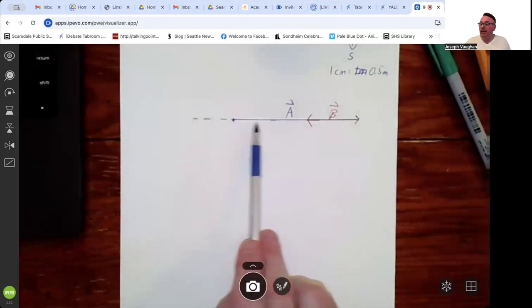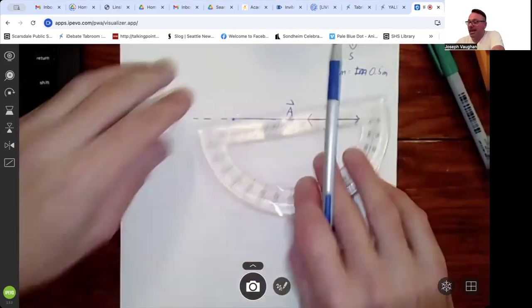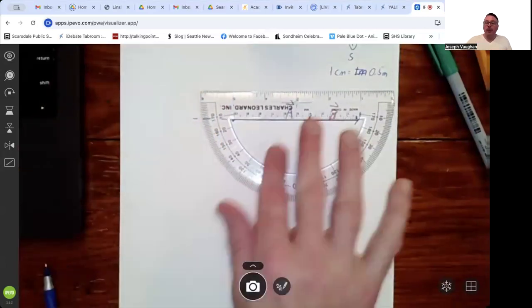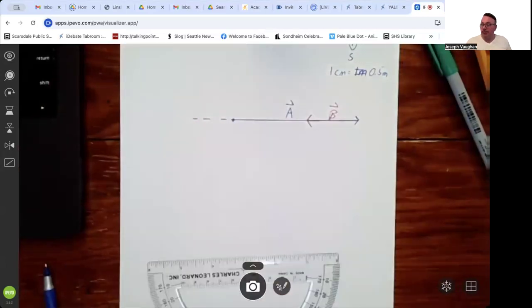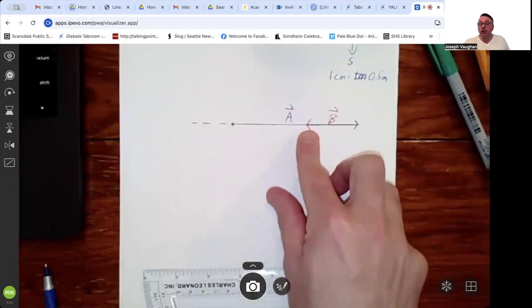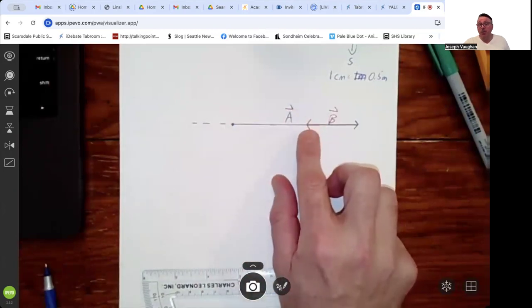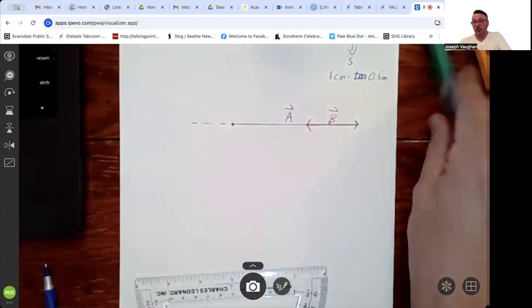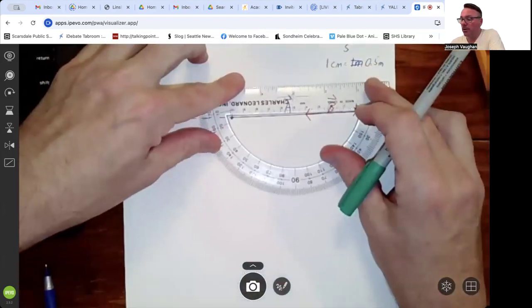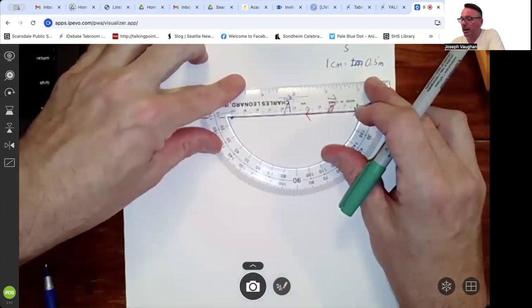Well, hopefully you see that as this, because that section right there is 6 centimeters long. So what we're going to do is draw a vector that goes from the start point or tail of the first vector to the tip or arrow of the last vector. And that's what it means to draw the resultant. So I'm going to draw that in now.